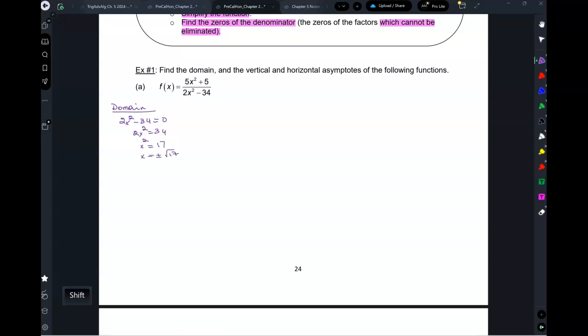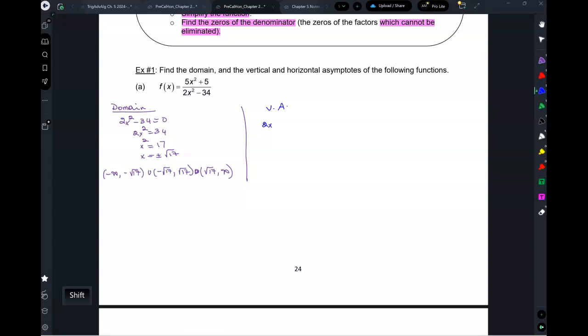So it can't exist in those points. That means the domain is negative infinity to negative root 17, negative root 17 to positive root 17, and then root 17 to infinity. That's the domain.